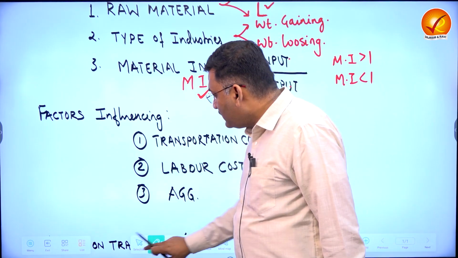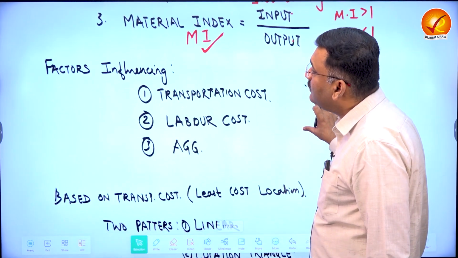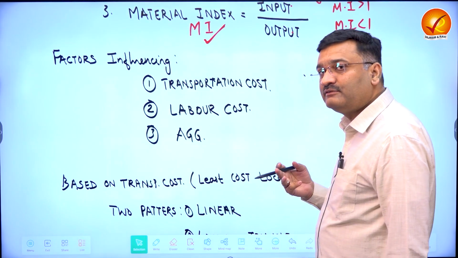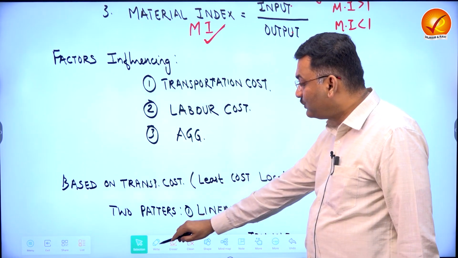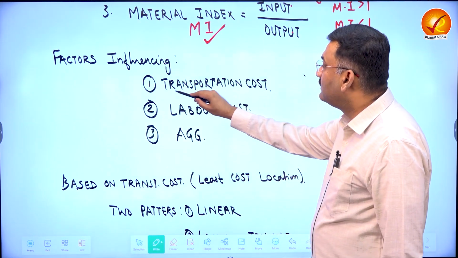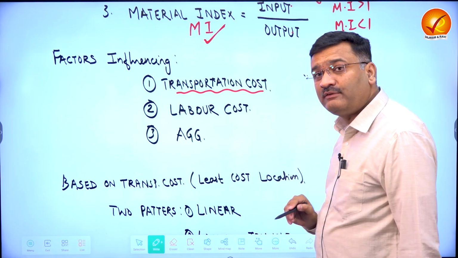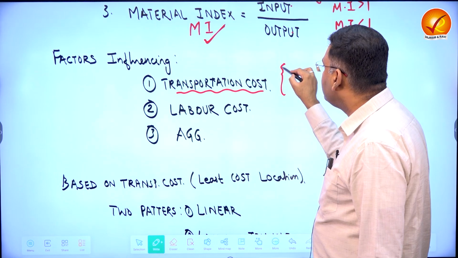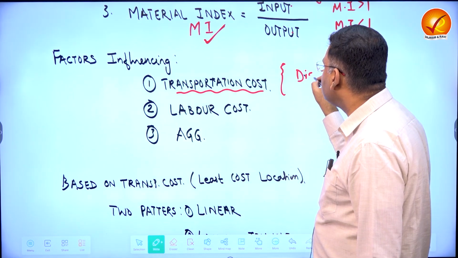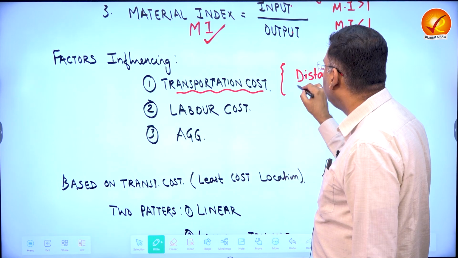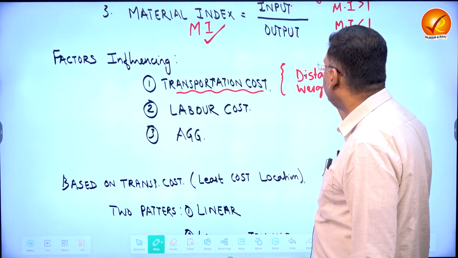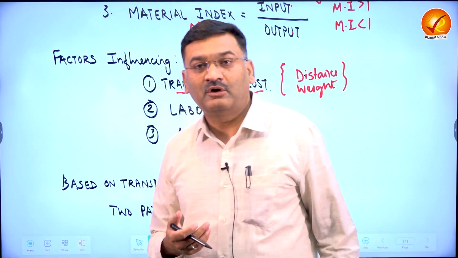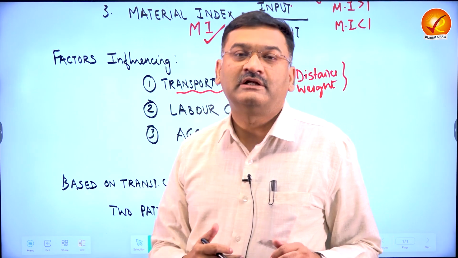Now, according to Weber, the optimum location of industry will be decided by considering 3 factors. He said that the location of industry depends on, number 1, cost of transportation. Cost of transport depends on distance and the weight of the material to be transported, whether it is the weight of raw material, or the weight of the product from the industrial unit to the market.